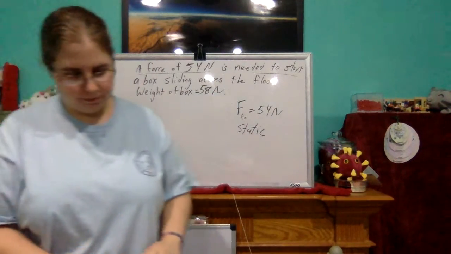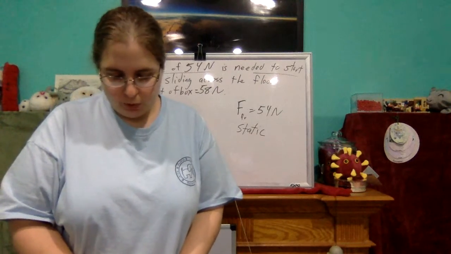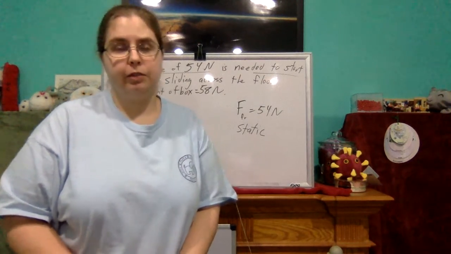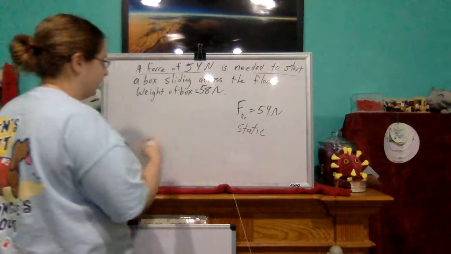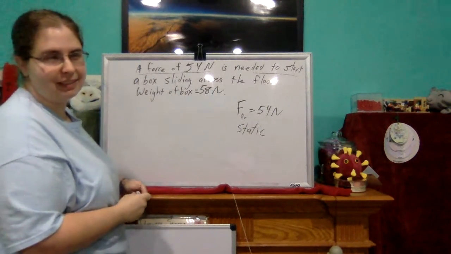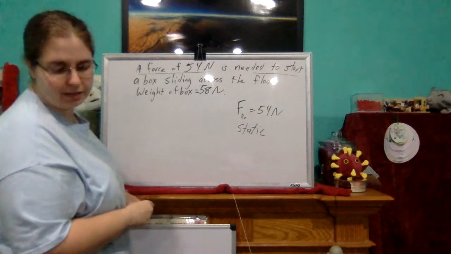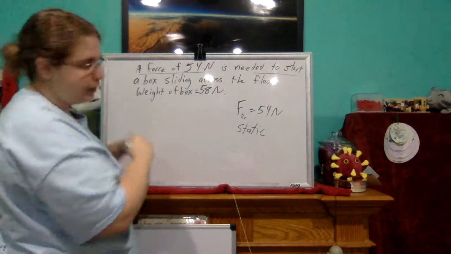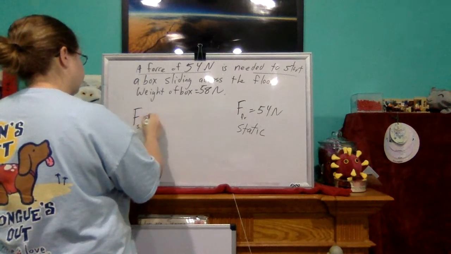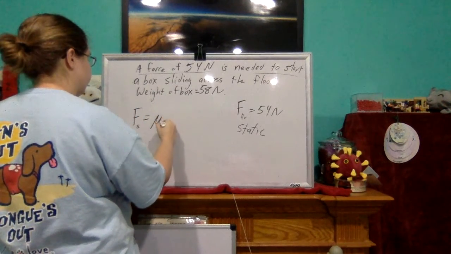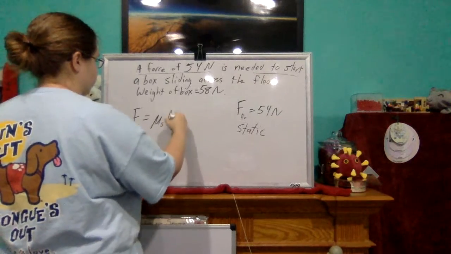All right. So now why don't we go ahead and figure out the coefficient of friction? It didn't tell us that. That's either something you're going to calculate like this, or you can look up in a database. So we know the force of static friction equals the coefficient of static friction times the weight.